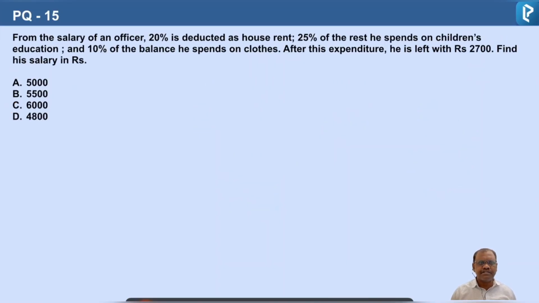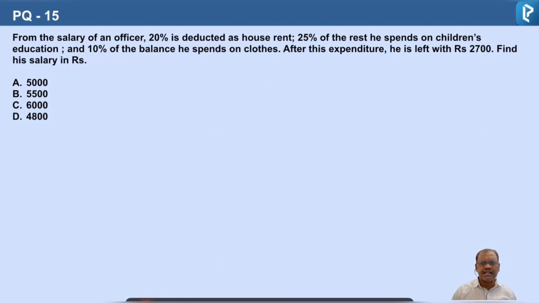Question number 15. From the salary of an officer, 20% is deducted as house rent. 25% of the rest he spends on children's education and 10% of the balance he spends on clothes. After this expenditure, he is left with rupees 2,700.